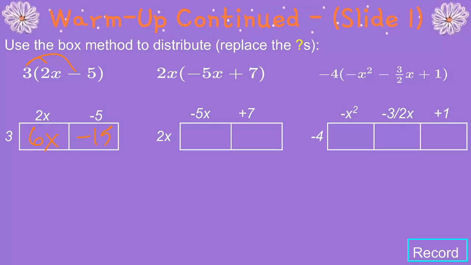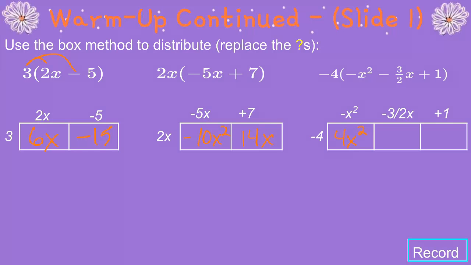And we're distributing the 2x to the negative 5x plus 7. 2x times negative 5x is negative 10x squared. And 2x times positive 7 is 14x. Negative 4 times negative x squared is positive 4x squared.